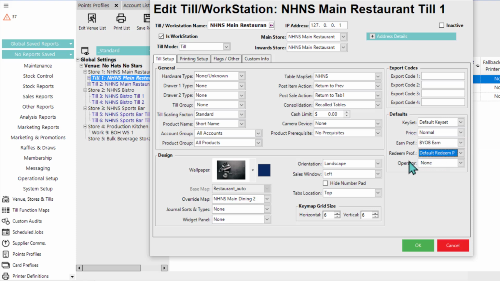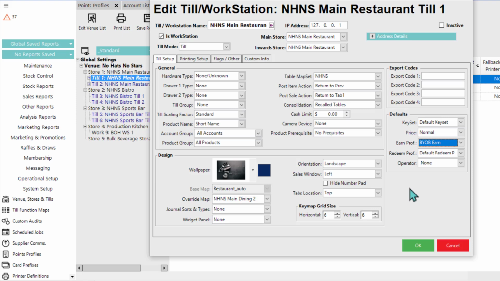Now, in case I've worded that wrong or maybe over-explained, the account level settings, if they're set for earn and redeem points profiles, will override the earn and redeem points profiles that are set here for a till, if there are any set for a till, or if they're set to none and there are some set for the account level, those will override. But yeah, that's just those two settings there for the till level point settings.